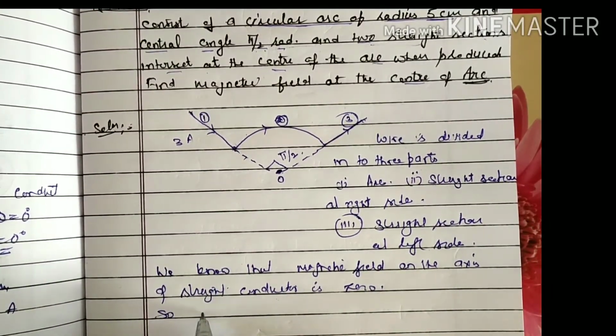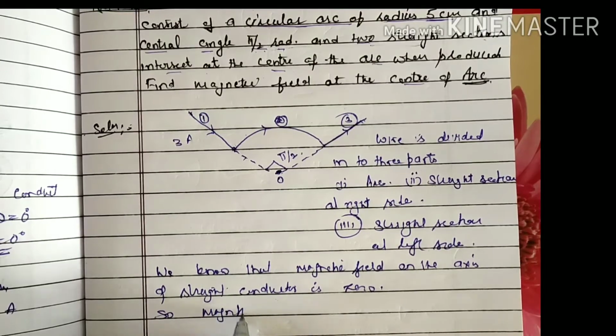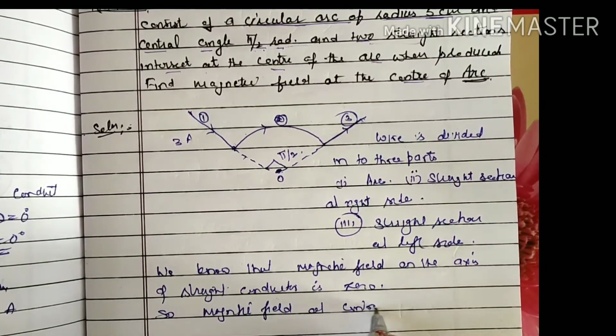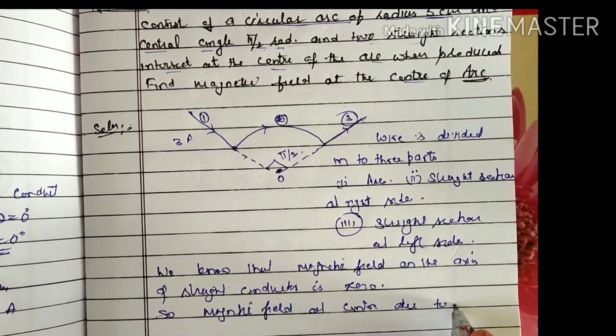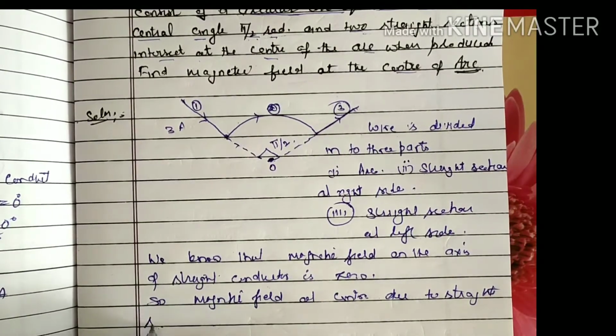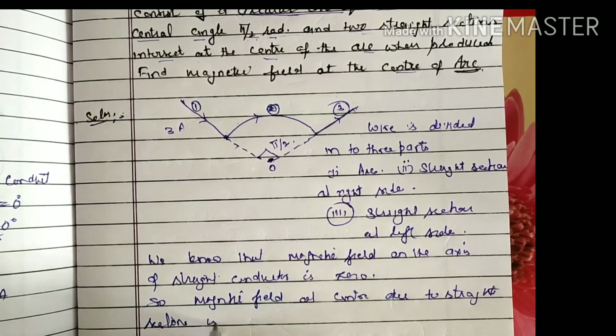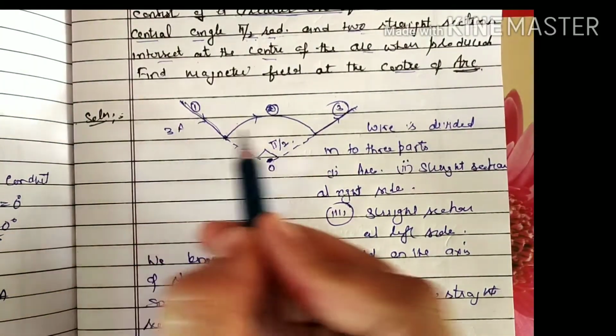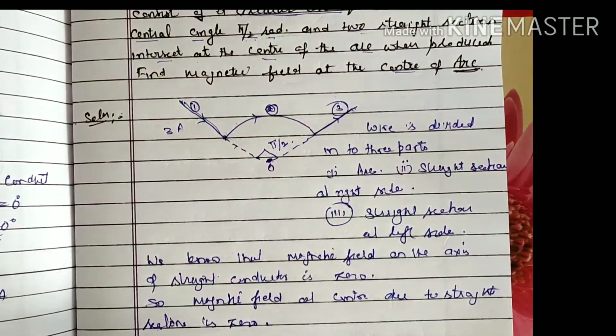So we can write magnetic field at center due to straight sections is 0. Due to these two straight sections, magnetic field is 0.